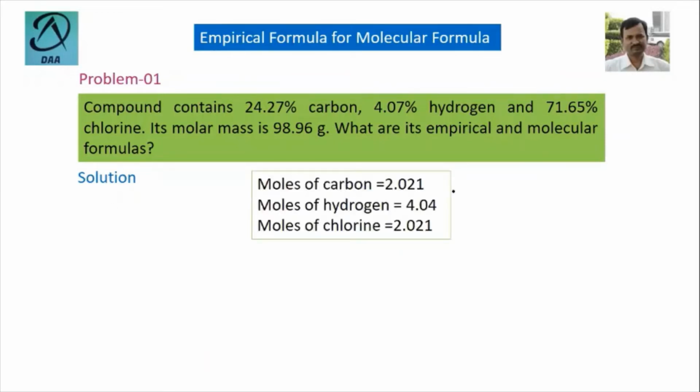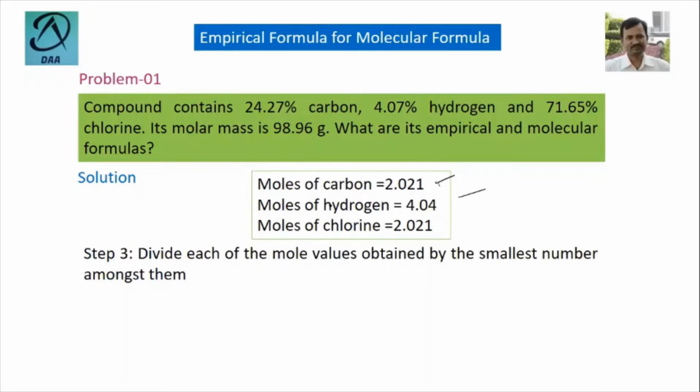Now we have to find the smallest number. Here you can see it is 2.021. So we divide all the moles by 2.021.